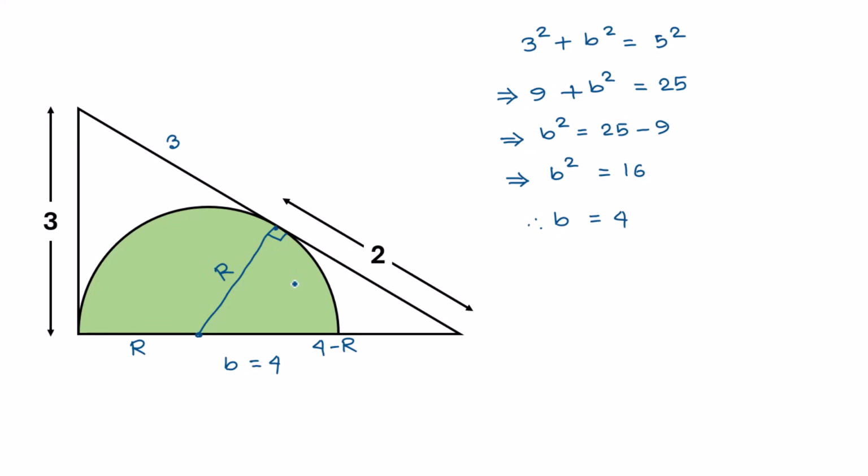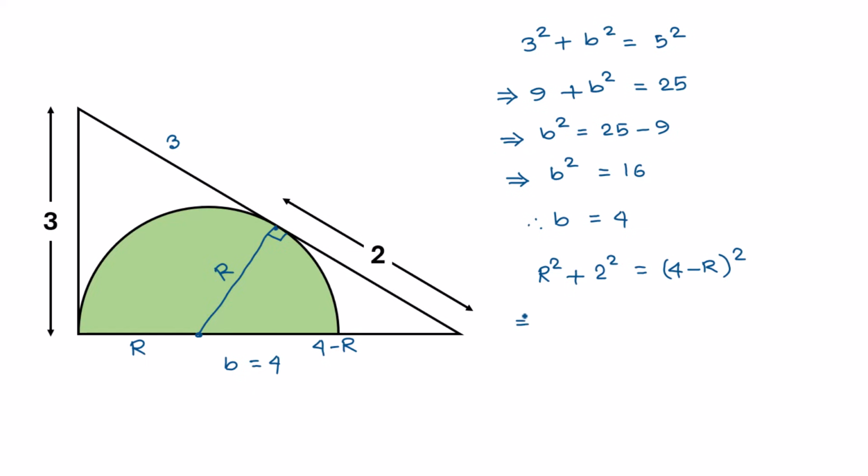So we can write height squared, which is r squared, plus this base squared, 2 squared, is equal to this hypotenuse squared, which is 4 minus r whole squared.